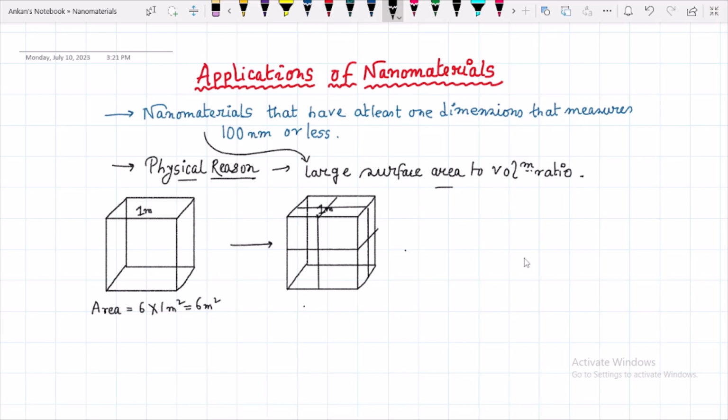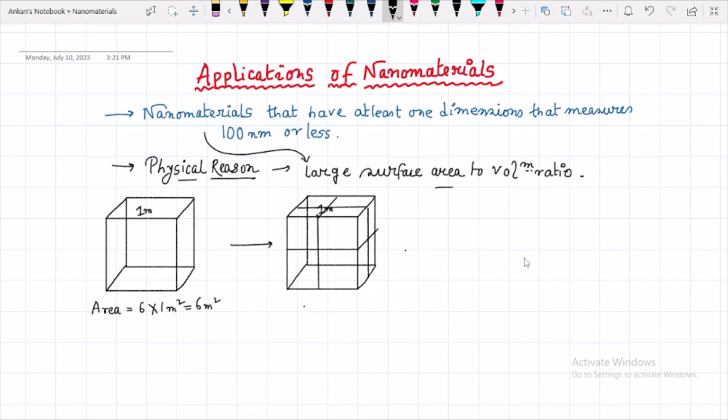So you can imagine that the bulk cubic material is divided into 1, 2, 3, 4, 5, 6, 7, 8 compartments. It has been divided into 8 compartments, as you can see by the division lines drawn in the figure.